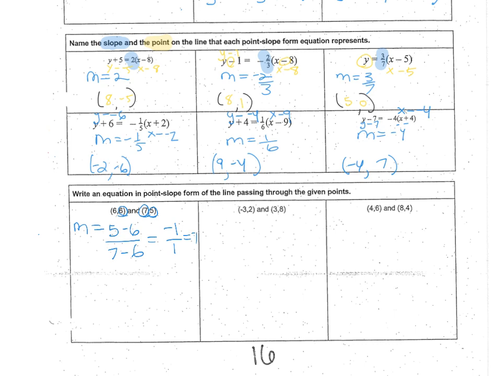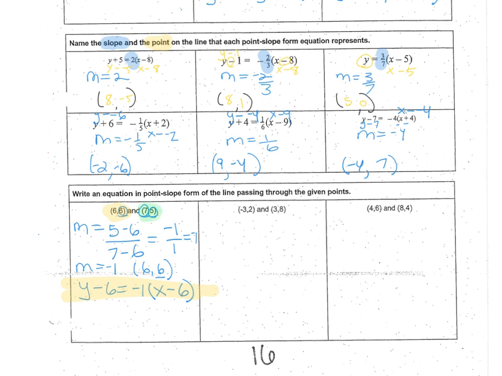Now we're going to use that slope and select one of our points, and we're going to write point-slope form. This is going to be y minus my y value equals my slope times x minus my x value. That is one possible answer if I use this point.